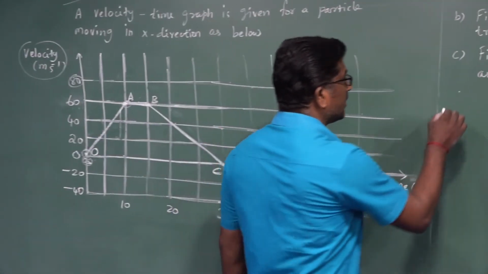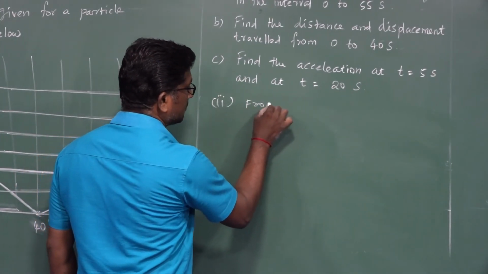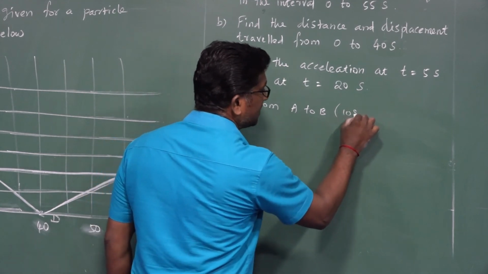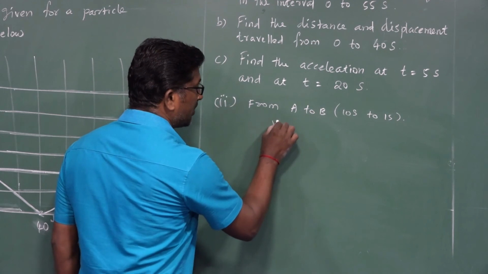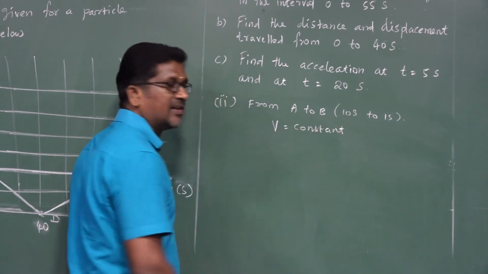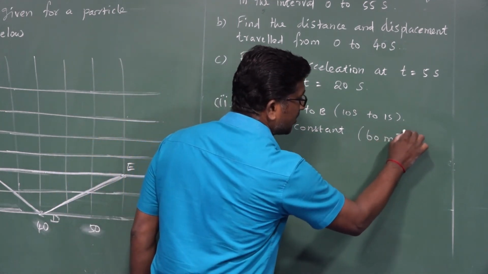From A to B, or from 10 seconds to 15 seconds, the particle velocity is constant. The value is 60 meters second power minus 1.